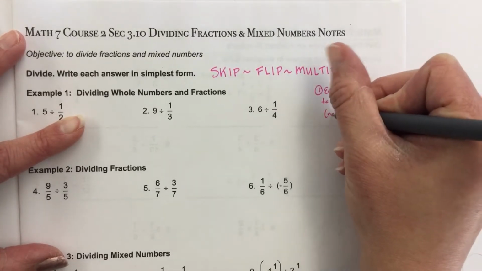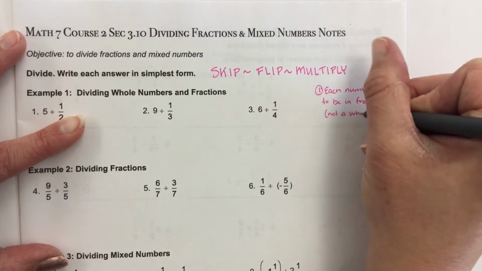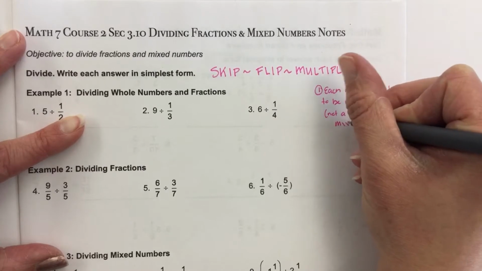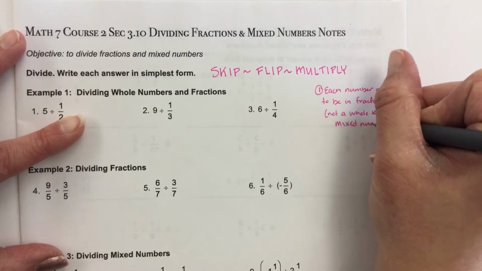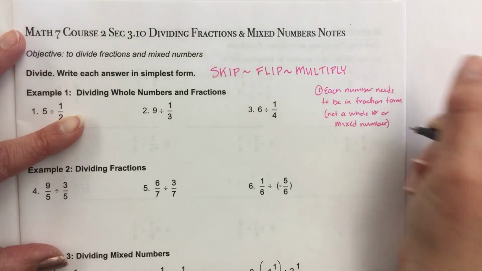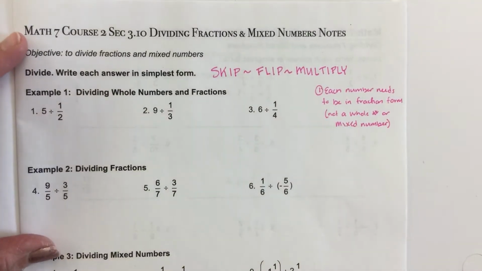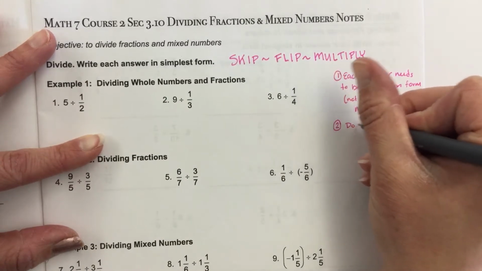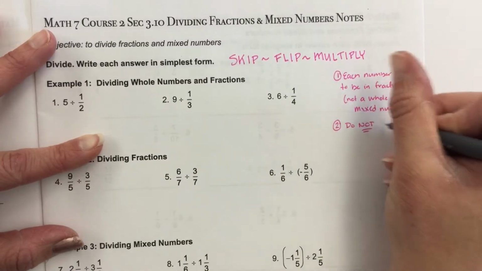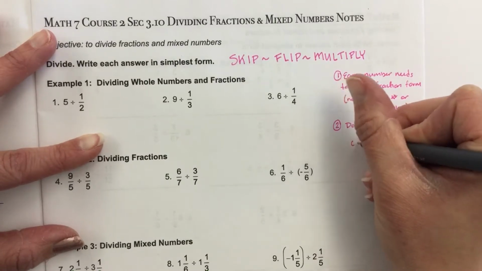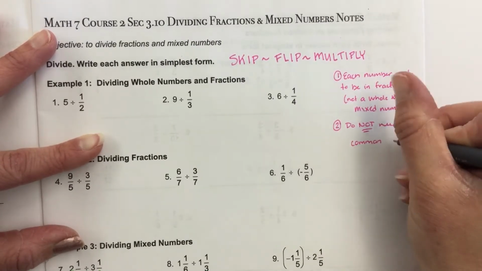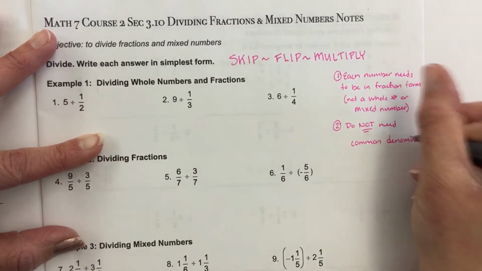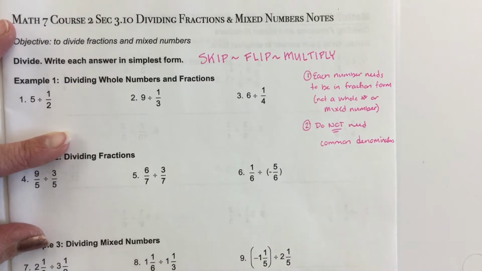So not a whole number or mixed number. If they're not in this form, that's one of the first things you have to do. And the other thing to remember is that you do not need common denominators. So that's kind of a nice thing. You don't need common denominators.